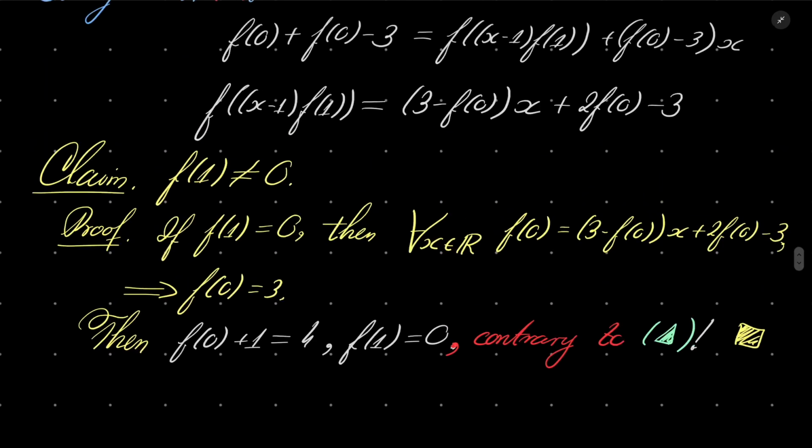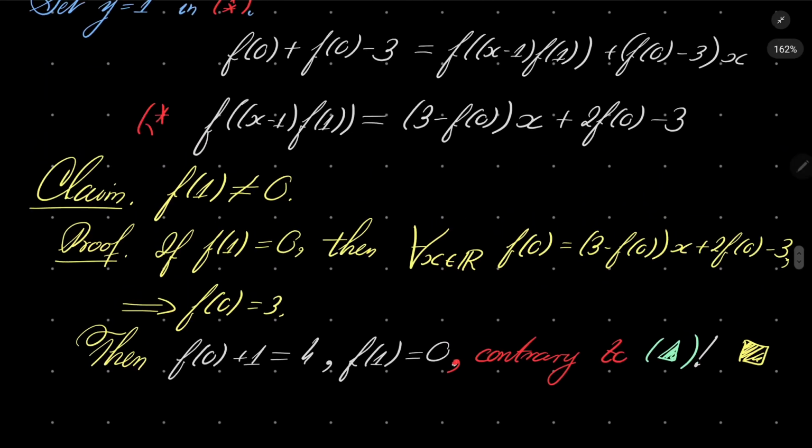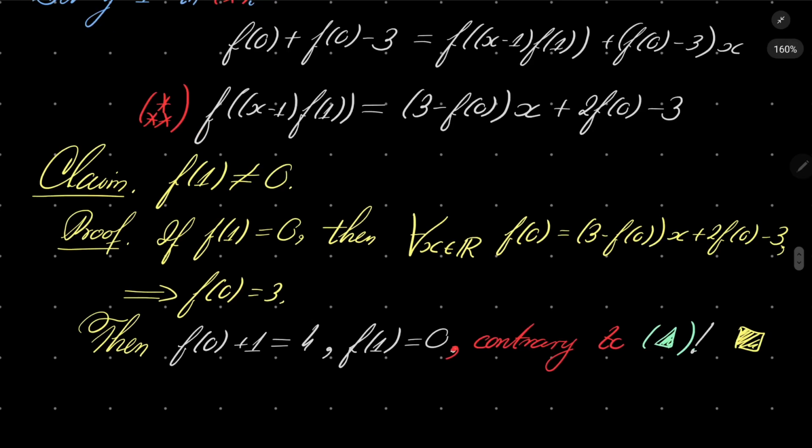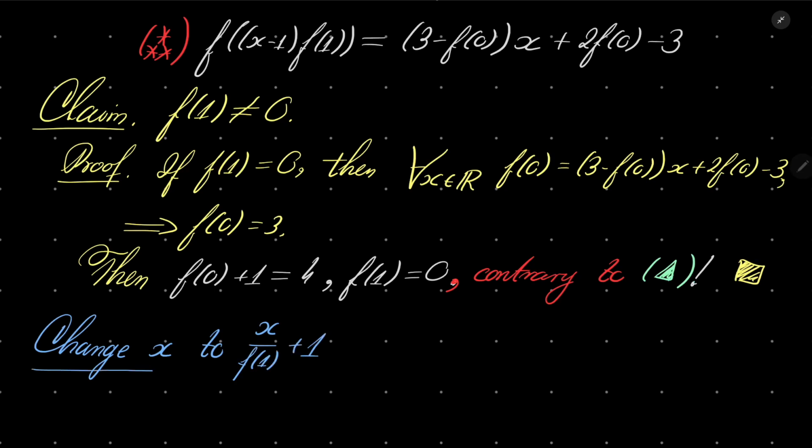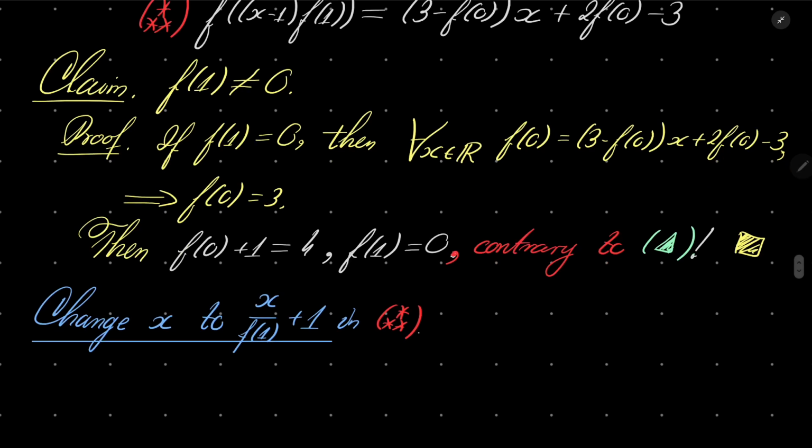So again, I will take this condition, triple asterisk, and I will change some things, namely change x to x over f of 1 plus 1 in our condition triple asterisk. Why? Let's notice what happens now.